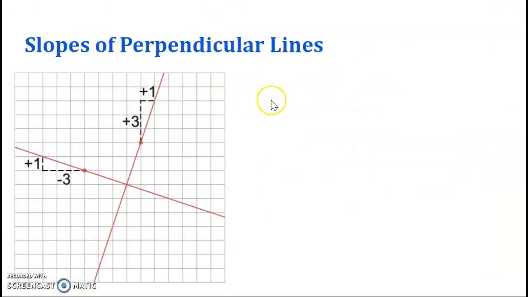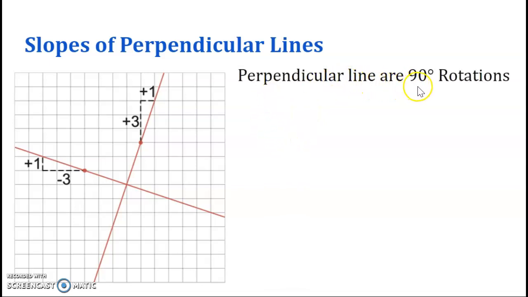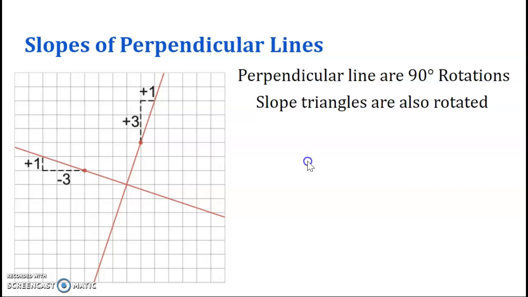And so, slope of perpendicular lines. Some takeaway is that perpendicular lines are 90-degree rotations, really. It does not matter what the line is, how slanted or how vertical it is, it's a 90-degree rotation of the line. And slope triangles are also rotated, so that is the reason that slope is always rise over run.